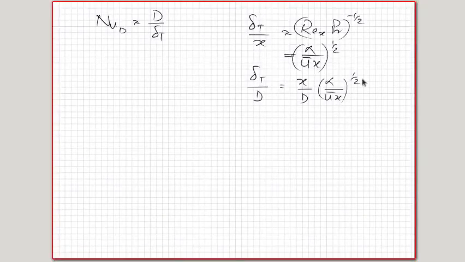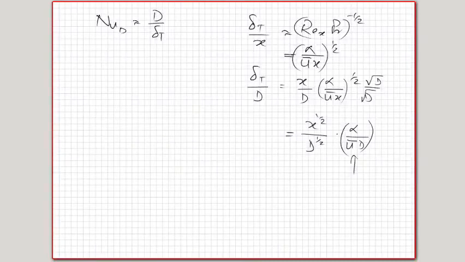Okay, so now what I will do is convert the Reynolds number in terms of d. So I'll multiply and divide by the square root of d. The x to the power of half will cancel, so I'll get x to the power of half here, and I'll multiply and divide by square root of d. This square root of d will make this d to the power of half, and this square root of d goes inside to give me alpha divided by u bar d.